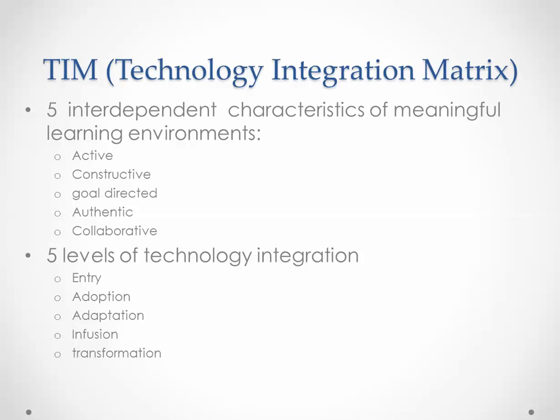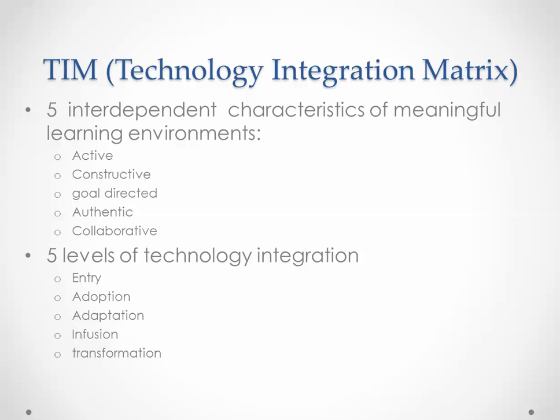The TIM model, there are 5 interdependent characteristics of meaningful environments: active, constructive, goal-directed, authentic, and collaborative. The TIM model also associates 5 levels of technology integration: entry, adoption, adaptation, infusion, and transformation.